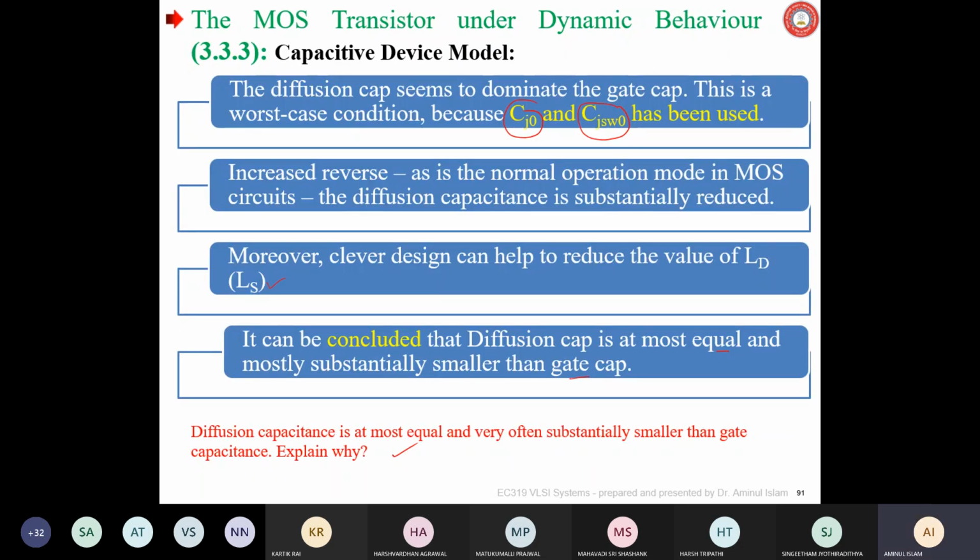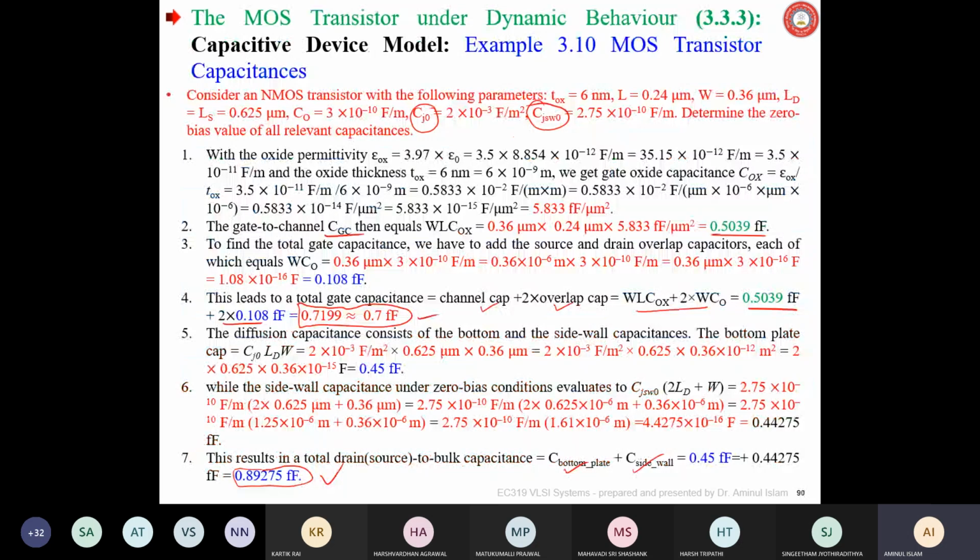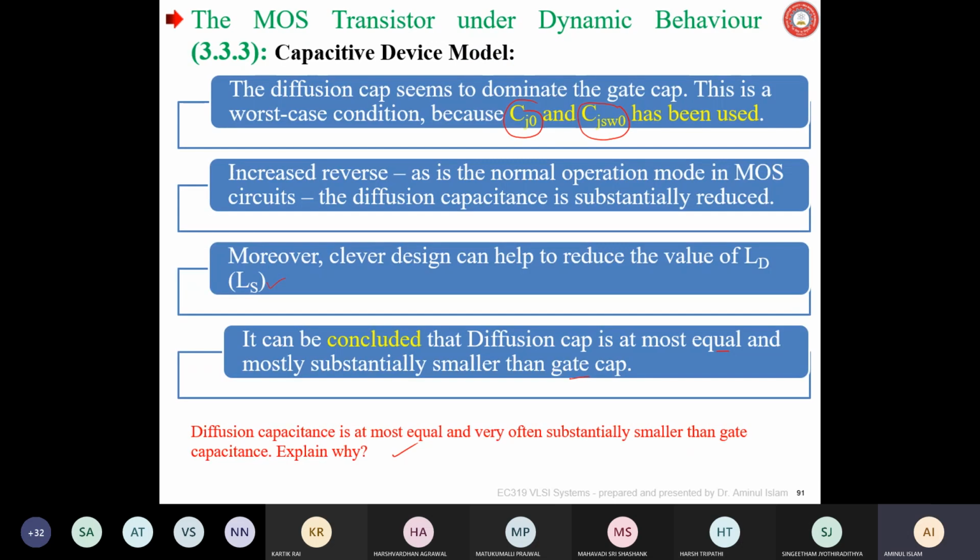So to summarize the discussion, the diffusion capacitance seems to dominate. If you look at the values, the calculation based on some 0.25 micron technology generation, you will see that diffusion capacitance is going to dominate the gate capacitance.